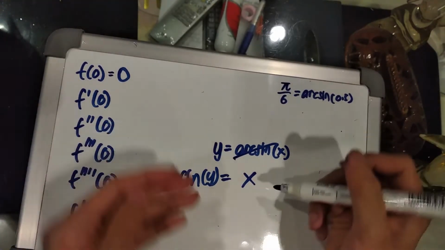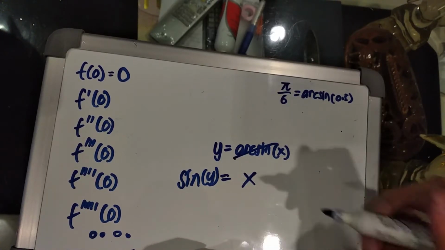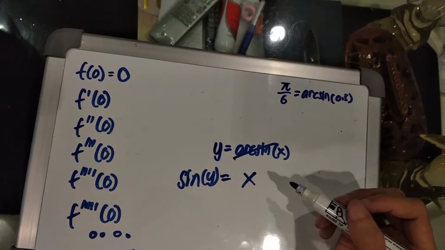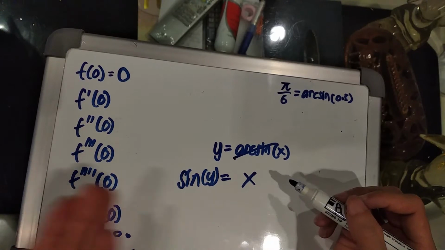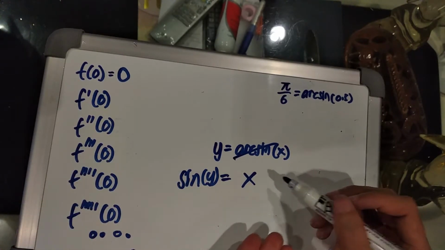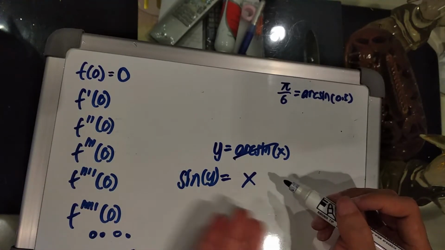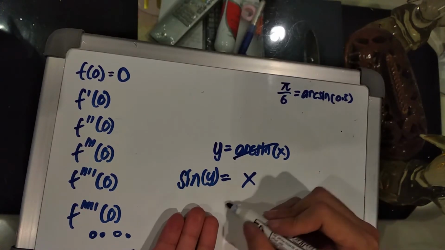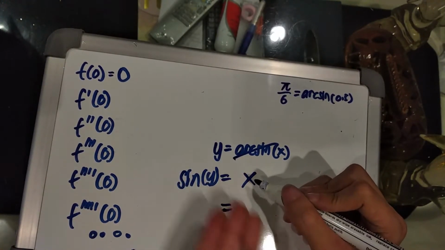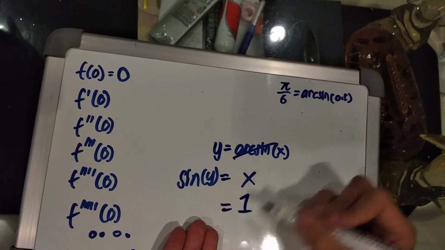Now what you should do right now is implicit differentiation. So you're going to find the derivative of this formula. For the right side, the derivative of x is simply 1.